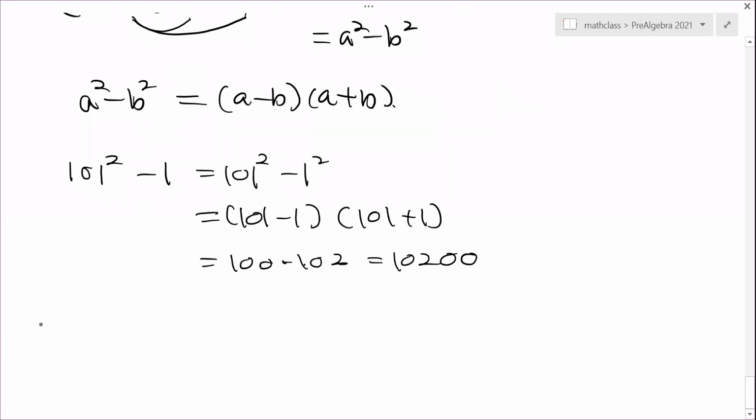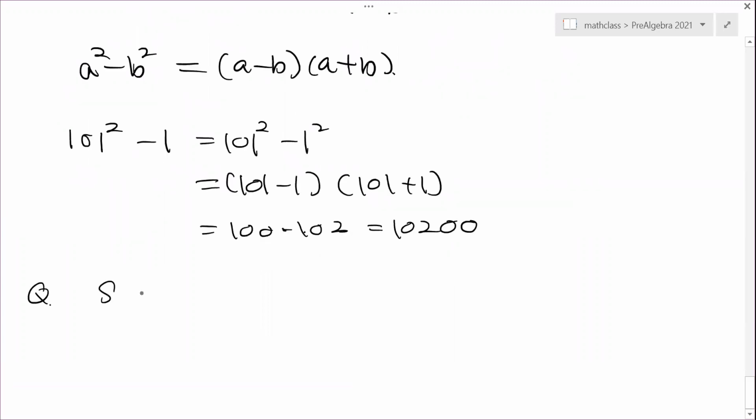All right. So now let's simplify 125 squared over 124 times 126.